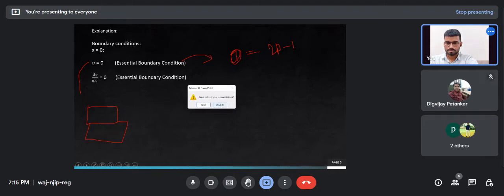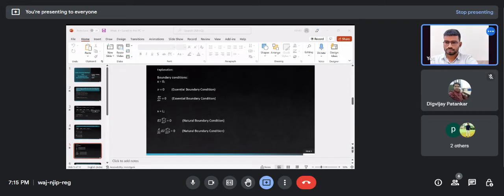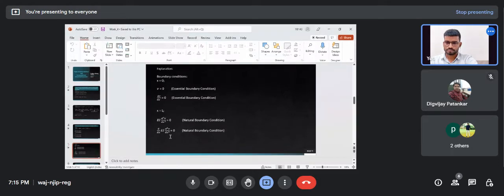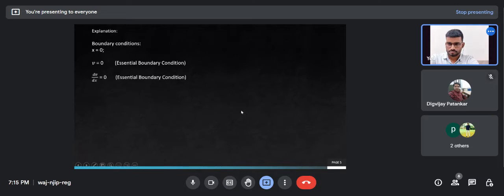So here the p value was 2. So essential boundary conditions vary from 0 to p minus 1.